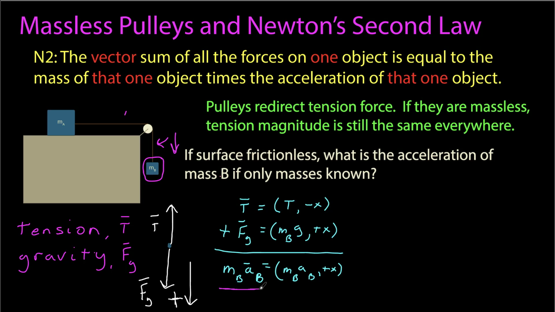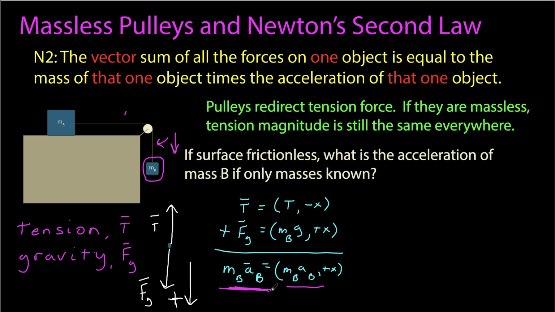The vector sum of those two forces is equal to the mass times the acceleration, which is also a vector. It has a magnitude of mass times the acceleration, and it's in the positive x direction from the context of the problem. Note that this is the mass of block B and the acceleration of block B, which I've identified with B subscripts. Since I have multiple masses, I want to be able to identify which is which.